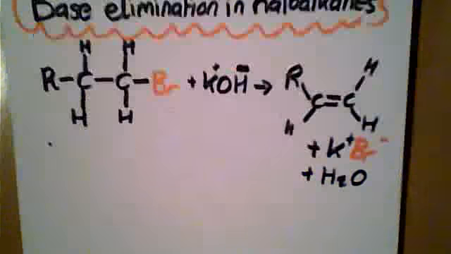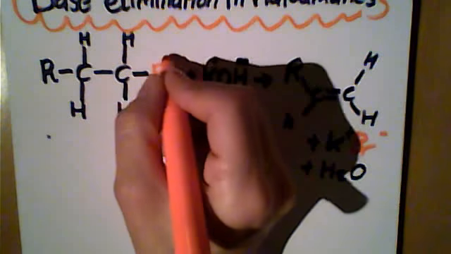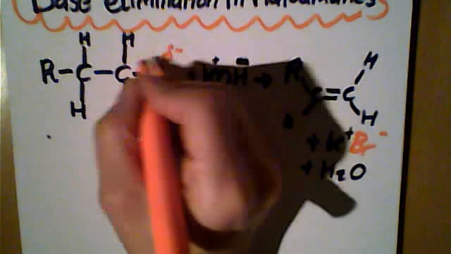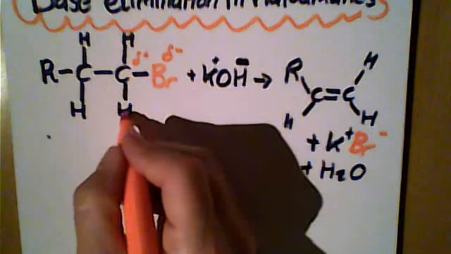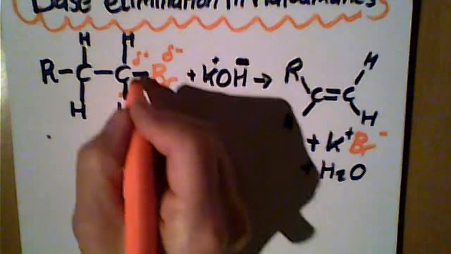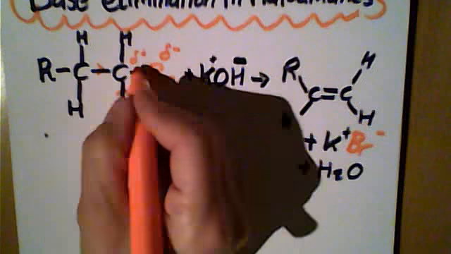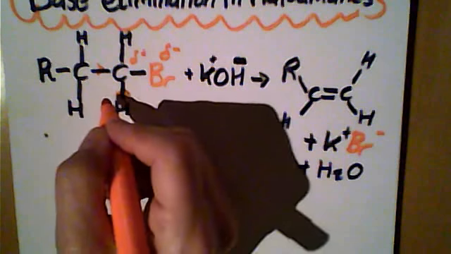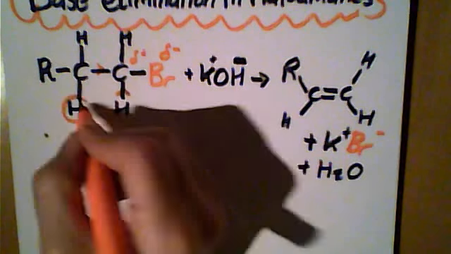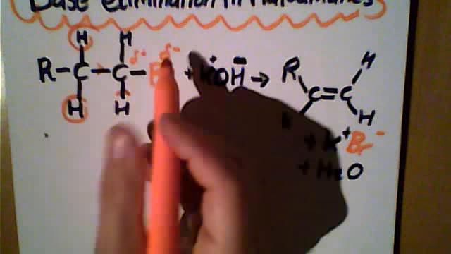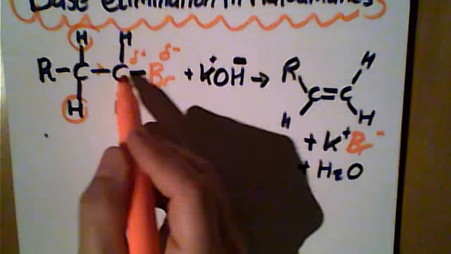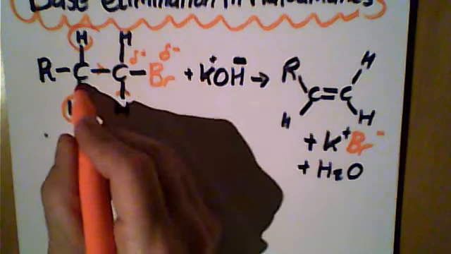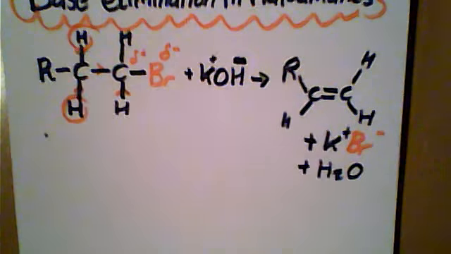Here's the haloalkane, and because of the presence of the slightly electronegative bromine atom, the electron density of the adjacent hydrogens, or protons, is pulled towards this electron deficient carbon. This renders these adjacent hydrogens, that is the hydrogens on carbon atoms adjacent to the carbon containing the bromine, less tightly held than before.